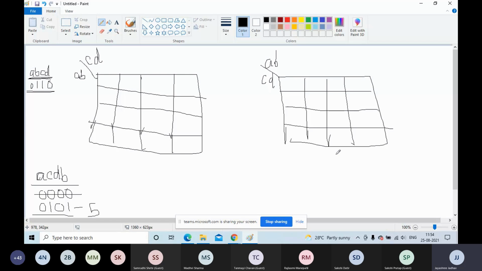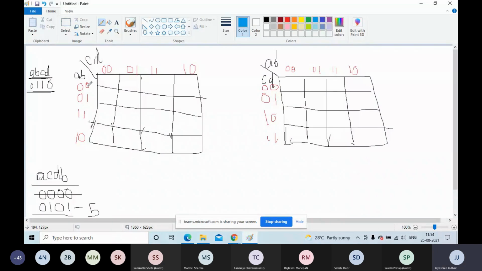But if you are considering decimal values, then these are different, like 0, 0, 0, 1, 1, 1, 1, 0, same sequence 0, 0, 0, 1, 1, 0, 1, 1, 0, 0, 0, 1, 1, 1, 1, 0. Now you can find the decimal number.